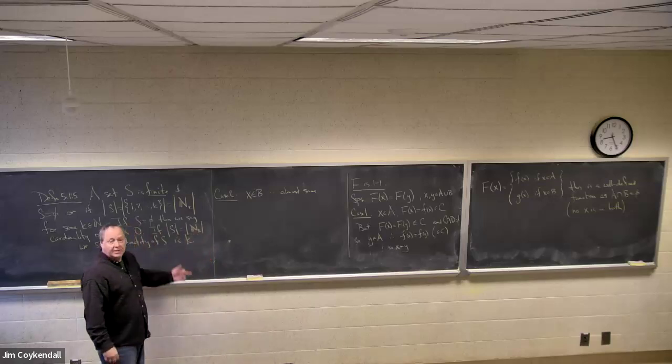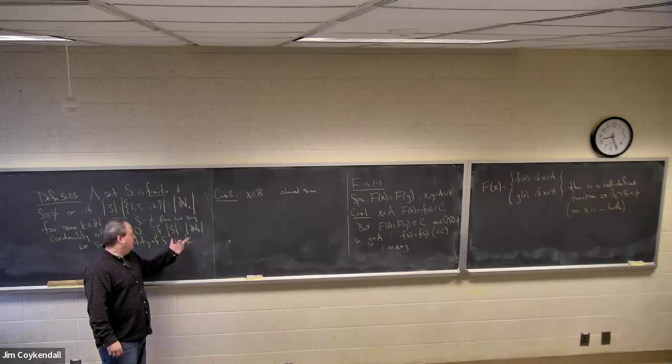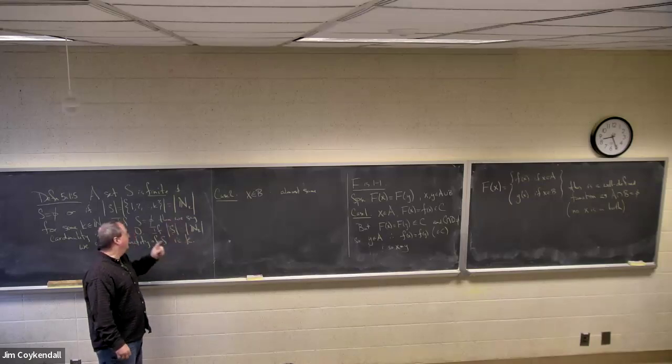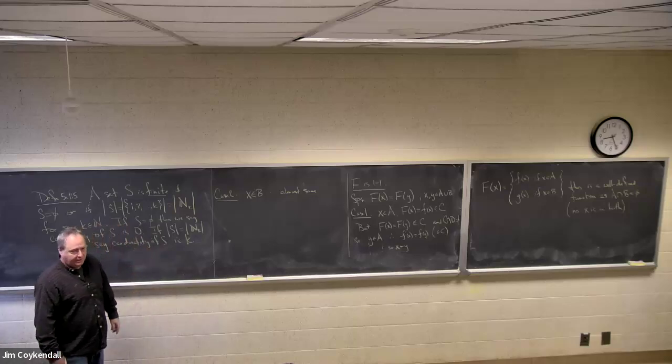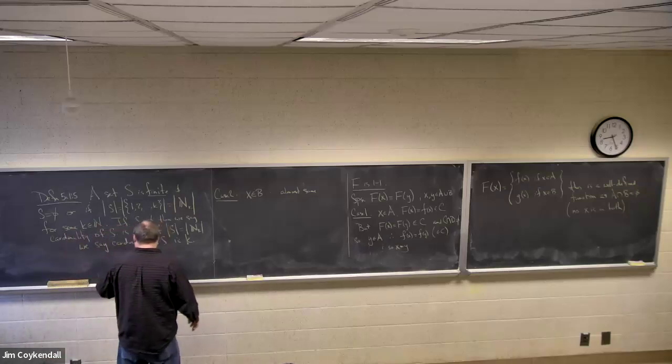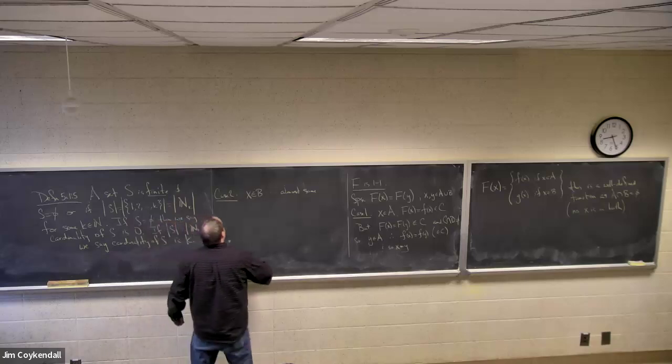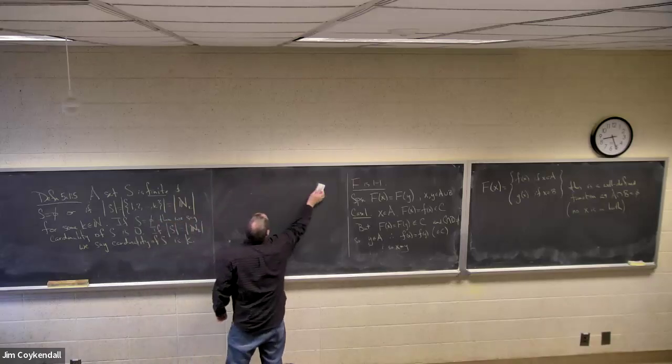Cardinality means the number of elements in it. It also means, more formally here, what it means for a finite set is there is a bijection from the set. So for example, here's a concrete example.